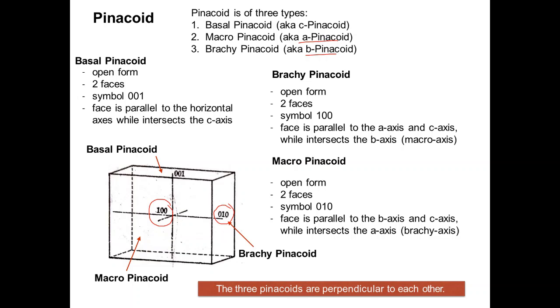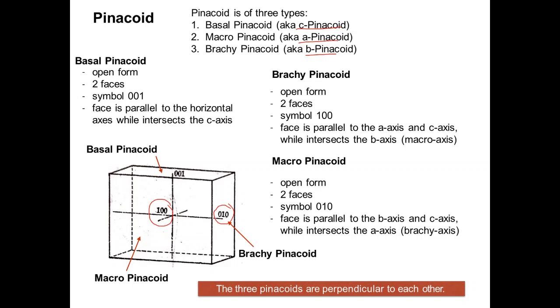So if we look at a diagram here, we can see that the basal pinacoid, also known as the c pinacoid, is intersecting the c axis at unit distance, so it runs parallel to a and b, so it becomes 0, 0, 1. In case of brachypinacoid, you remember, it will intersect b axis, not a axis.